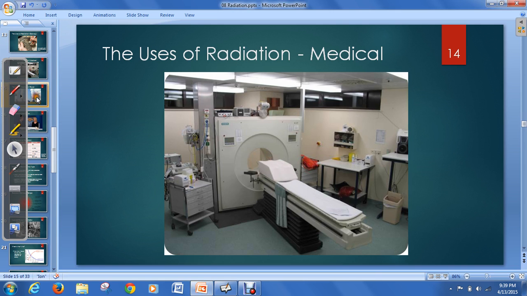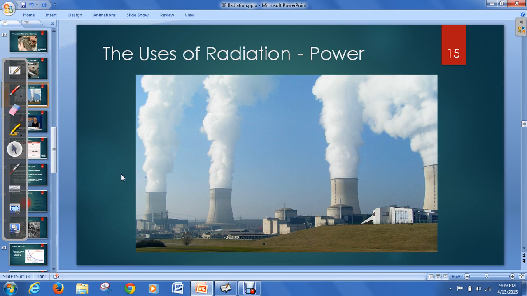And then one of the last ones, and probably one of the most fundamentally changing ones, is using radiation as a power source, which is very, very cool. Gamma radiation, because it's an electromagnetic wave, can actually be absorbed in the form of heat.